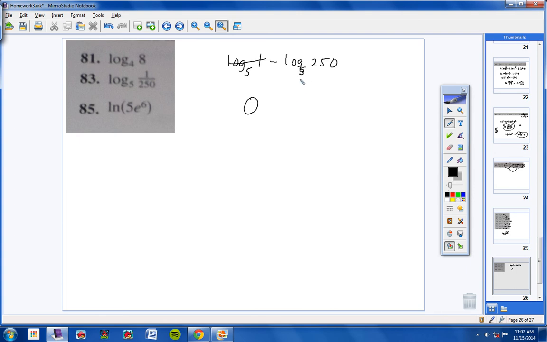Now, if you think about powers of 5, here's what I'm going to do, and I'll show you why later. Log base 5 of 125 times 2. I'm going to take this right here and make it this. So now I have 0 minus, parentheses, log base 5 of 125 plus log base 5 of 2.